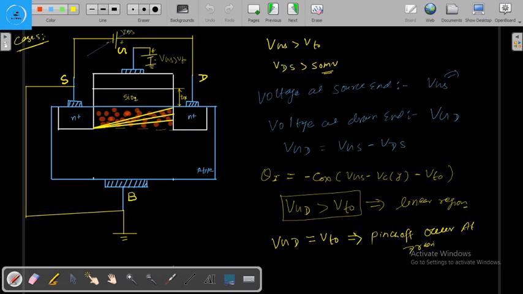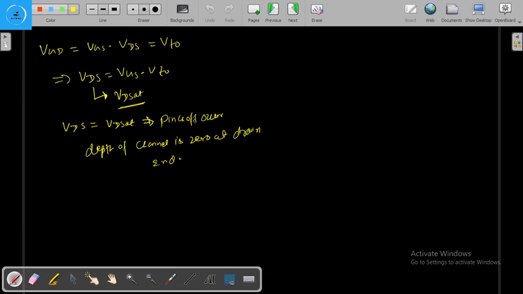As we have seen, the charge of the free electrons in the channel, Qi of y, is equal to minus Cox times Vgs minus Vc of y minus Vt naught.